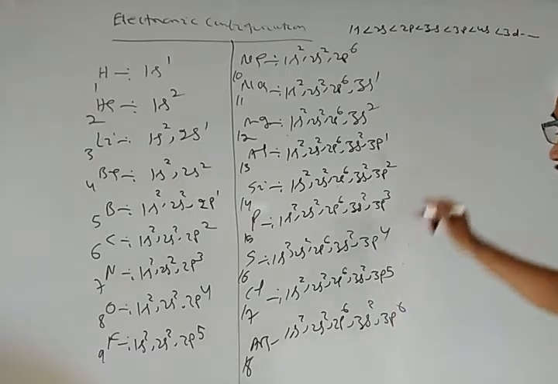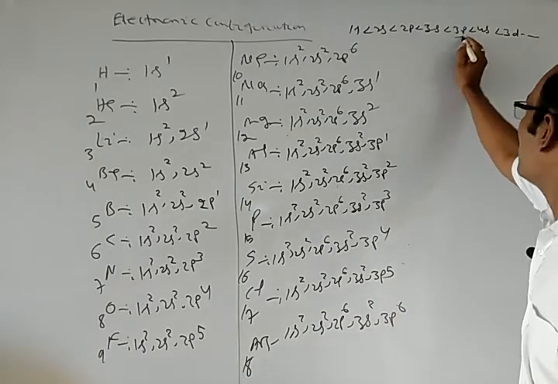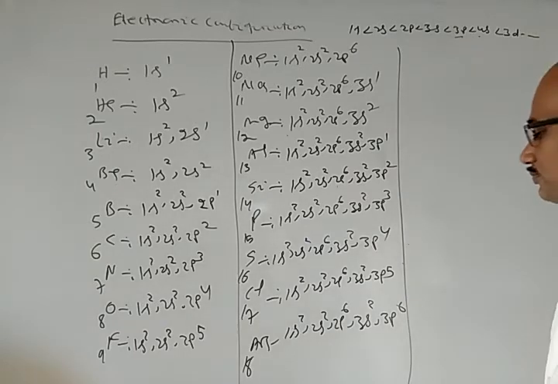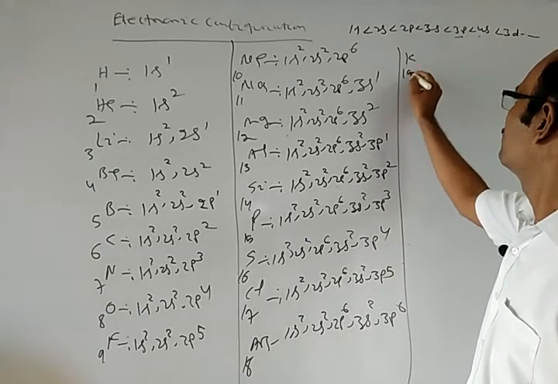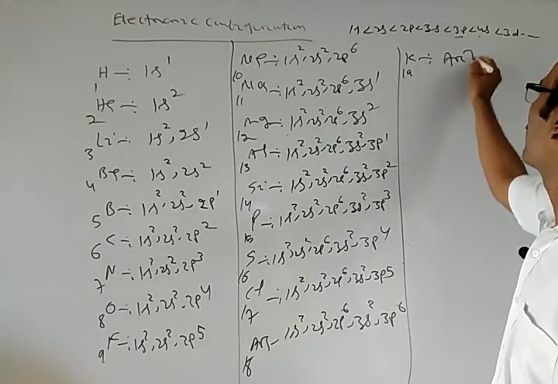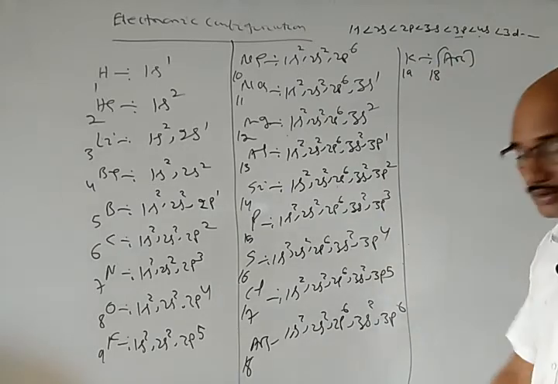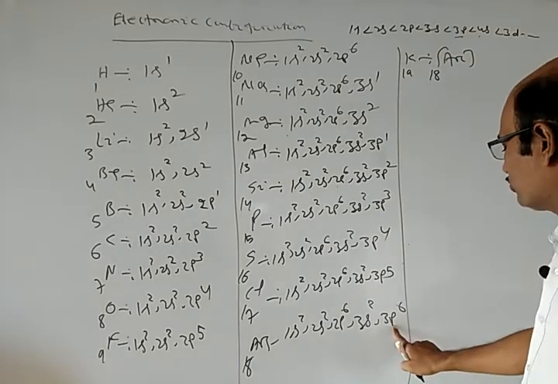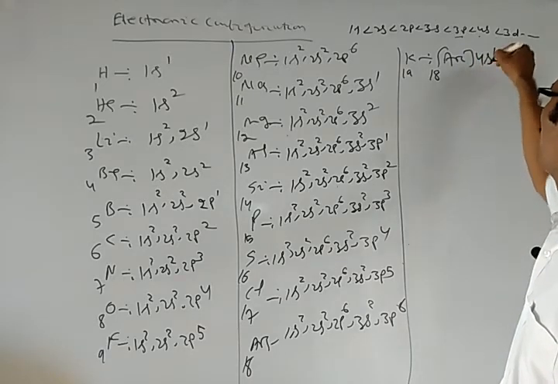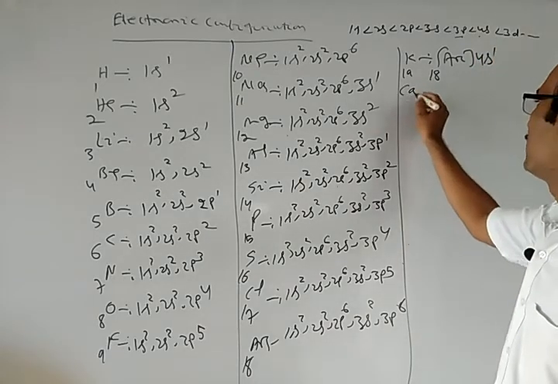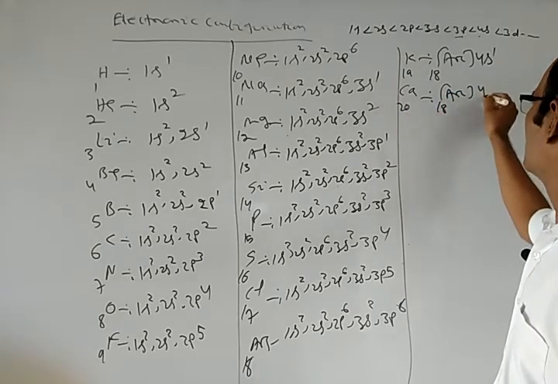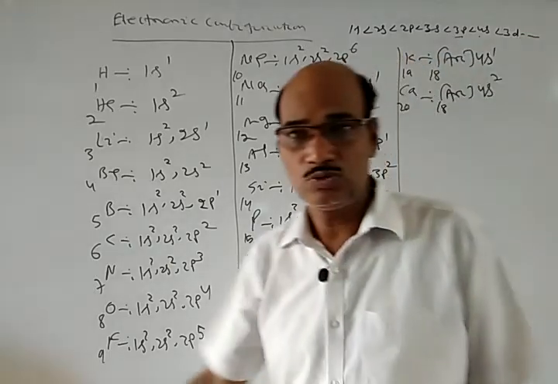After 3p is over, then 4s. Potassium 19: here I can write argon 18, and after argon 18 we have 4s1. Calcium 20, argon 18 and 4s2.